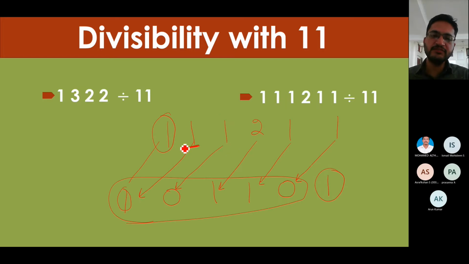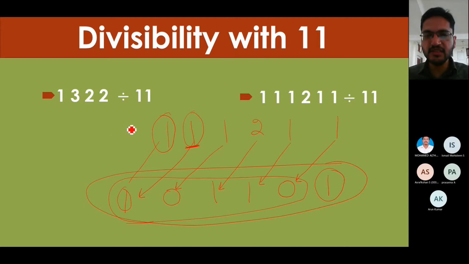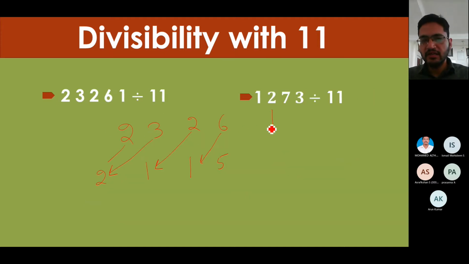In the previous questions, when we subtracted, we always got positive integers. But now when we subtract 5 from this 1, 1 minus 5, that is minus 4.